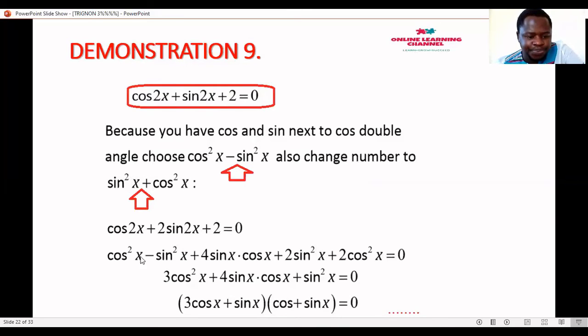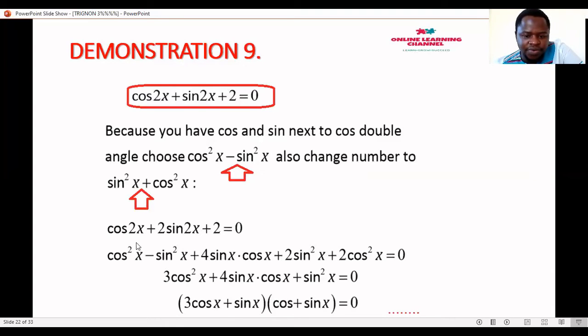Okay, now you've got cos squared x minus sin squared x plus sin x multiplied by cos x plus 2 sin squared x. You also change here, 2 will be 2 multiplied by 1, which will be 2 sin squared x plus 2 cos squared x, is equal to 0.